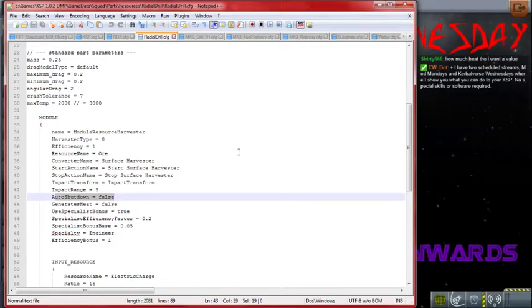I would imagine that it is a mathematical calculation based on probably the efficiency here and any specialist bonus by engineers.